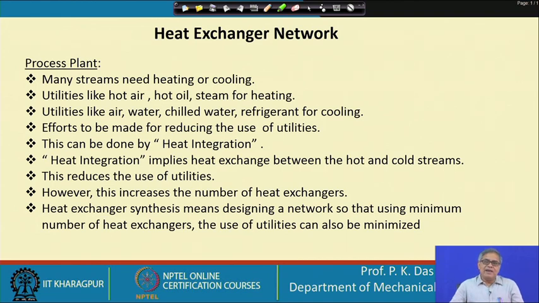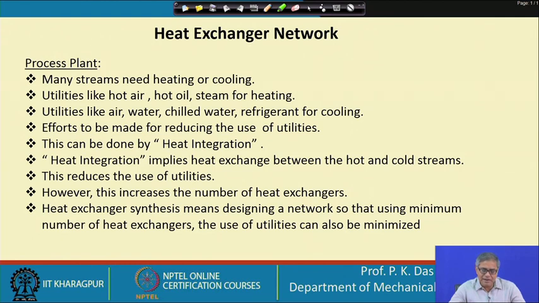Let us say the entire cooling need for a process plant we will supply only by utilities. There could be a number of utilities, and with that we will satisfy all the cooling needs. Similarly, all the heating needs, let us say in this plant we are going to satisfy with the help of hot utilities. So, that amounts to a very large extent of energy usage. Instead of that, efforts should be made to reduce the use of utilities.